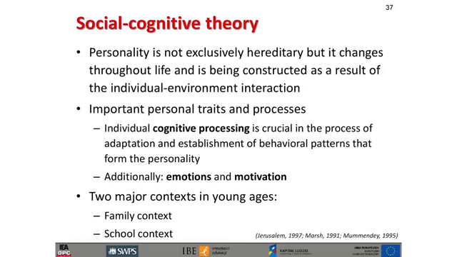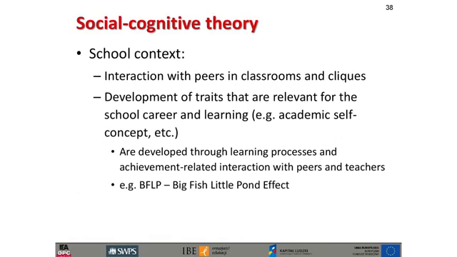Two major contexts in young ages were described as very crucial for personality development, and these are the family context and the school context. Concerning the school context, there was a focus on the interaction with peers in classrooms and cliques, and on the development of traits that are relevant for the school career and learning, for example, academic self-concept.